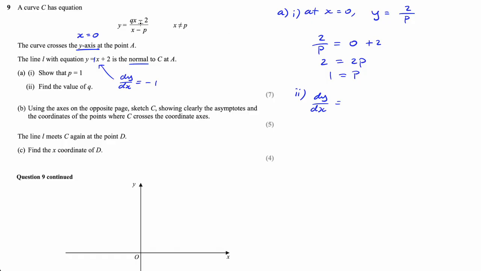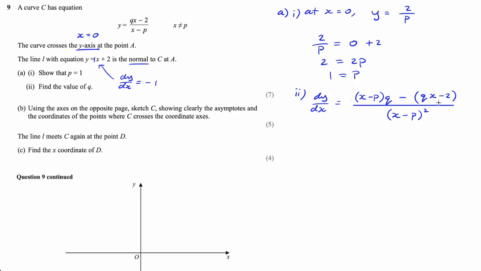It's v times du dx, which is q. Do this the long way, guys, but I'm just going to do it the quick way. Minus u times dv dx, qx minus 2, all over v squared, x minus p squared.